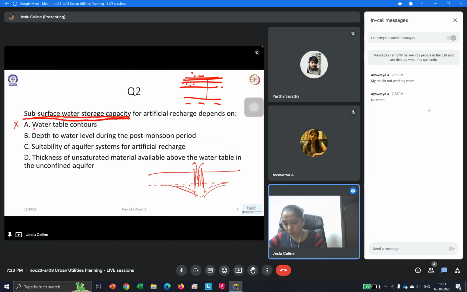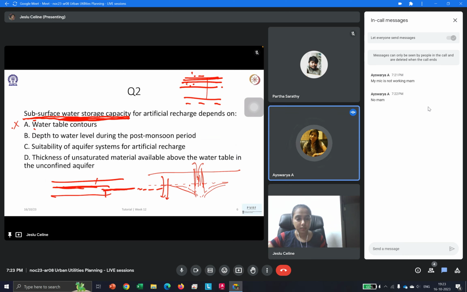So here we are talking about subsurface water storage capacity. Now we know that subsurface is somewhere over here. Let's say that this is the subsurface. And due to some reason, if my water table rises, because of excessive recharge or something, up to the subsurface level, then won't the subsurface storage capacity be altered because of the water table?